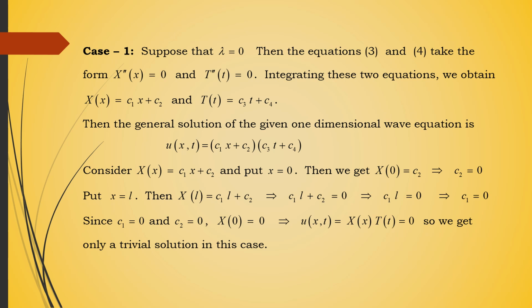So in this case, we obtain u(x,t) = 0 as our general solution of the one-dimensional wave equation. u(x,t) = 0 is called a trivial solution. This solution is not at all interesting. We can't do anything with u(x,t) = 0. So, we proceed to the next case.